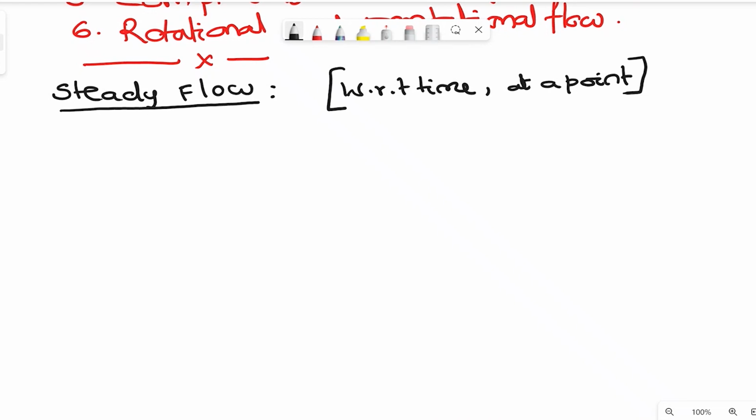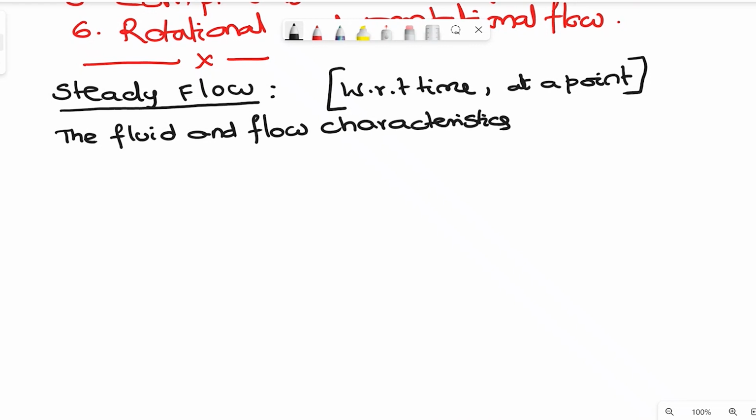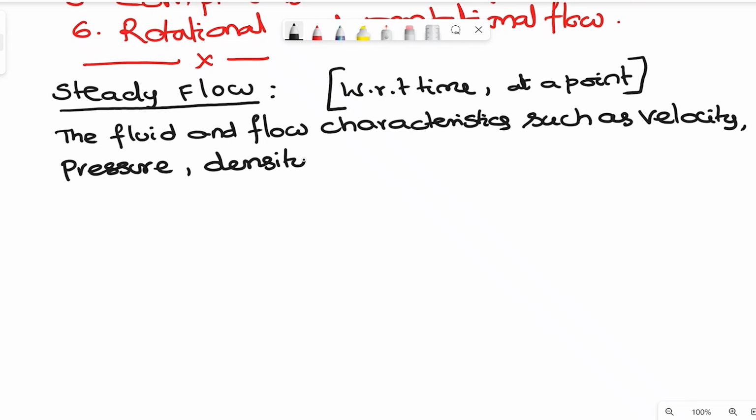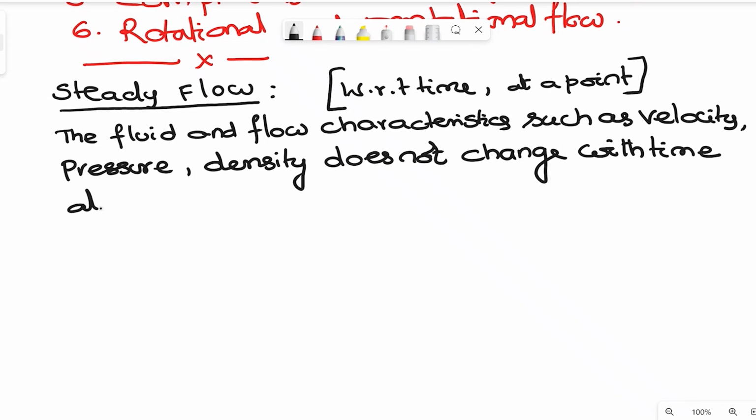Now, what do you mean by steady flow? Steady flow means the fluid and flow characteristics such as velocity, pressure, density do not change with the time at a point.